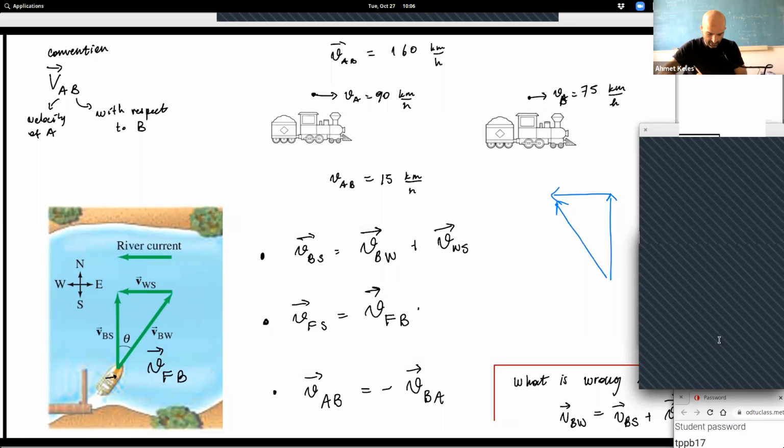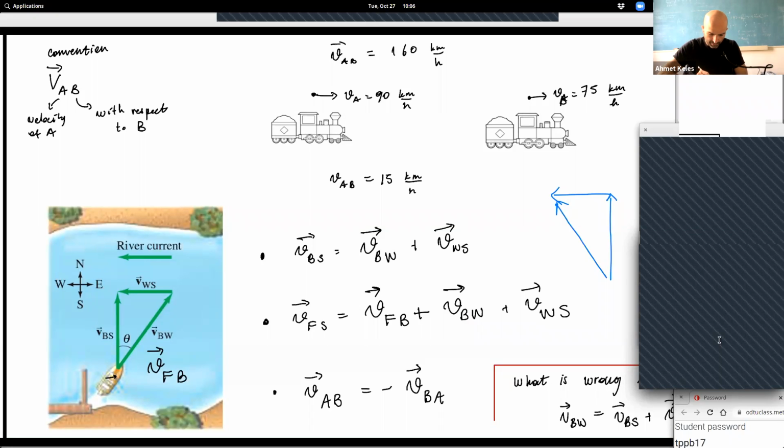This is the first one, plus V, okay, I finished in the previous case with B, so I have to start with B. Boat, vector, and boat with respect to what? I have water, right? Now I finish with water, so I have in the next case V water, and last one is S, okay?